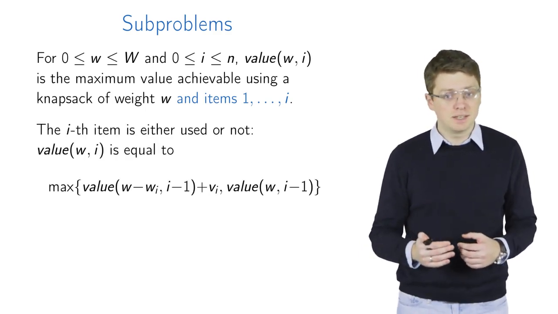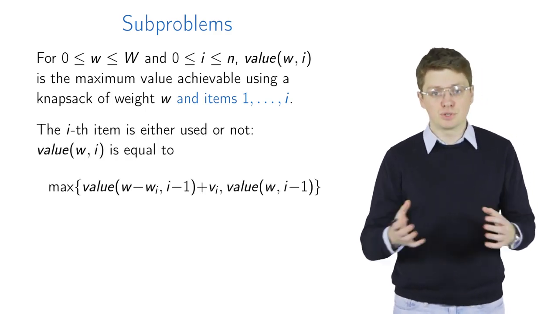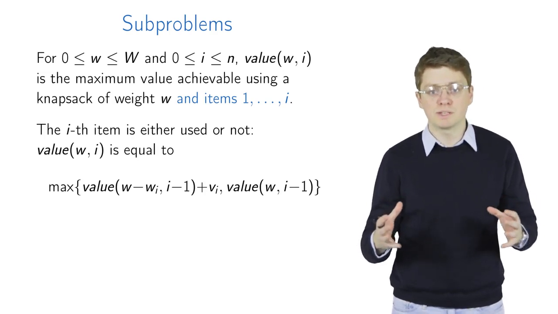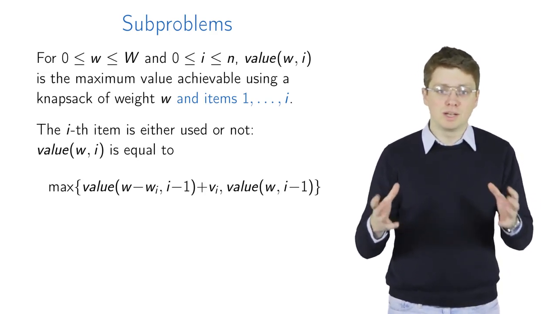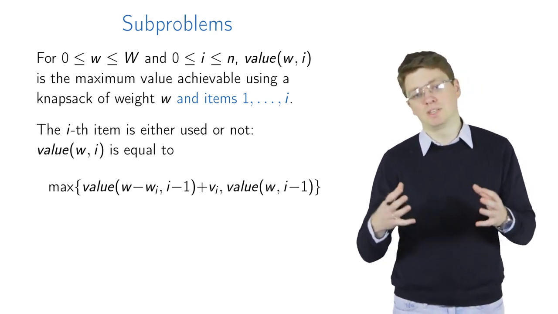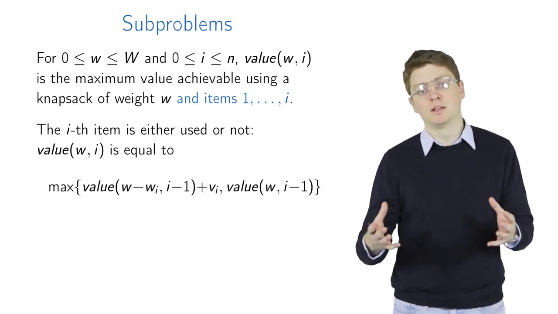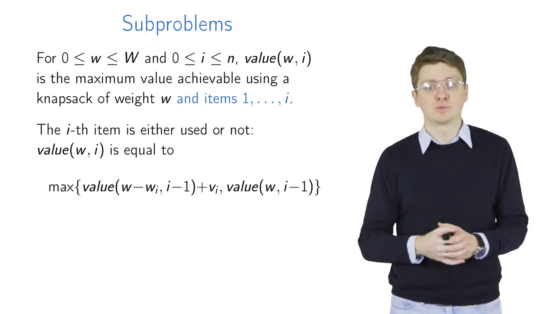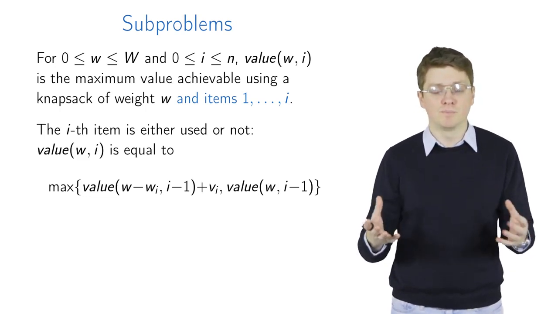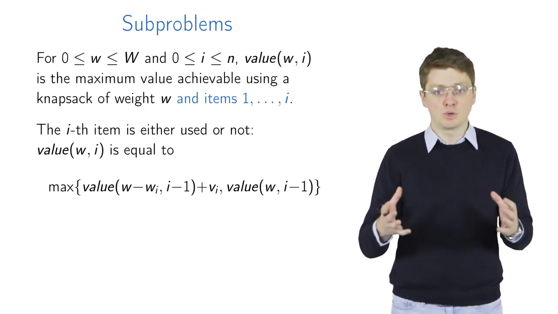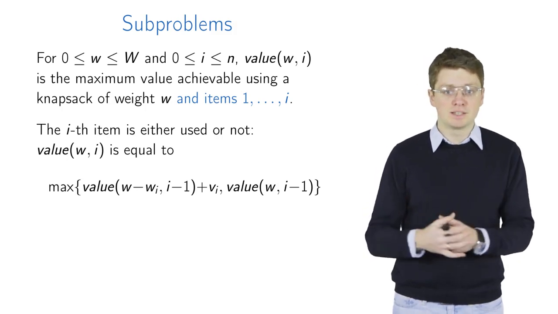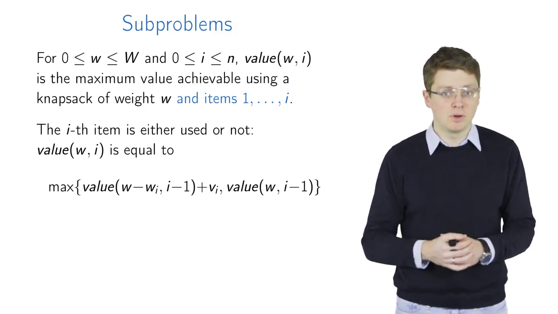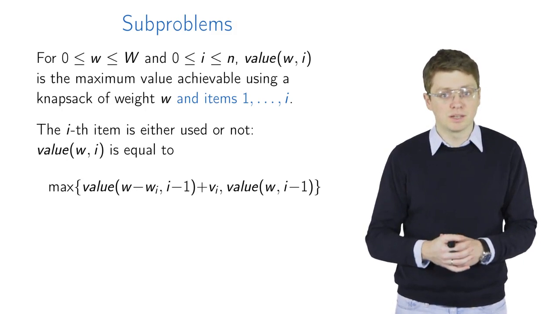Then it is easy to express it through solutions for smaller subproblems. Once again, value(W, i) is the optimal value of a subset of the first i items whose total weight is at most W. We know that in this optimal subset, either the ith item is present or it is not contained in it.